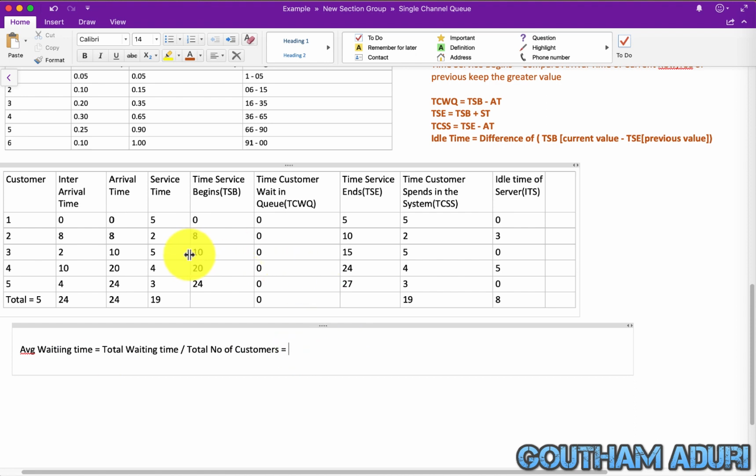So the average waiting time, the time a customer waits in the queue, is 0 divided by the total number of customers.